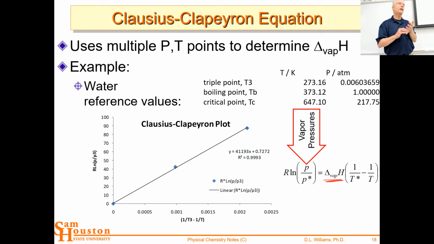So that tells you that the enthalpy of vaporization is pretty constant for water from its triple point all the way up to its critical point. And so if you use this equation, you're going to be pretty accurate for the vapor pressure of water from 270 all the way up to 650 degrees. So that's pretty amazing that you could calculate the vapor pressure of water at all of those different temperatures and pressures.